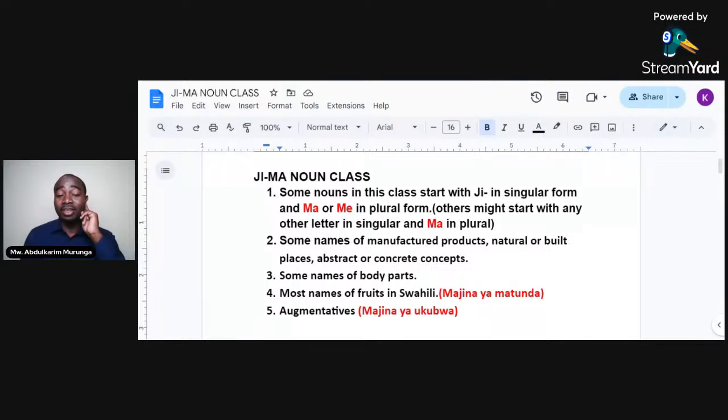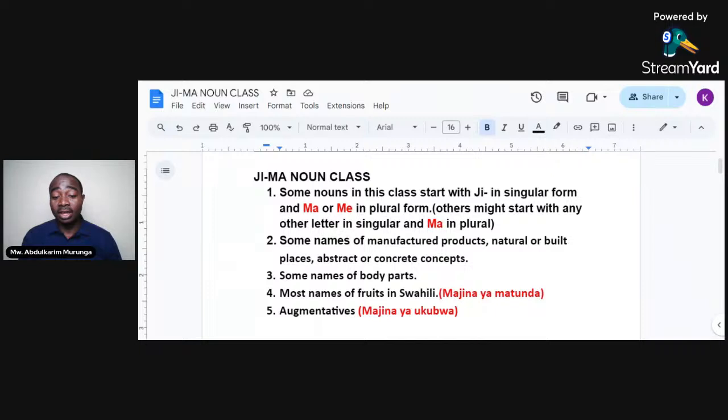If there are many, we say masikio. So, you know, sikio doesn't start with G. For the me part, a word like jino is a tooth. If it's one, we say jino. And if there are many, meno.